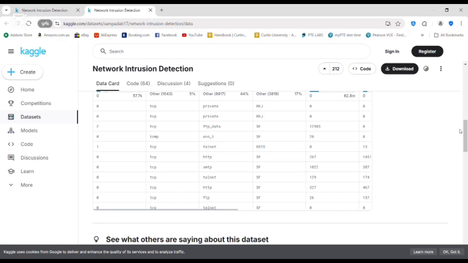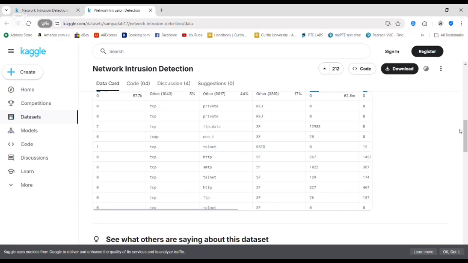Another interesting part is src bytes and dst bytes, which represent how much data is being transferred. The values vary quite a bit, showing us how much data different types of traffic generate. There are also a lot of zeros in the dataset, which could represent normal values or the absence of certain activities.